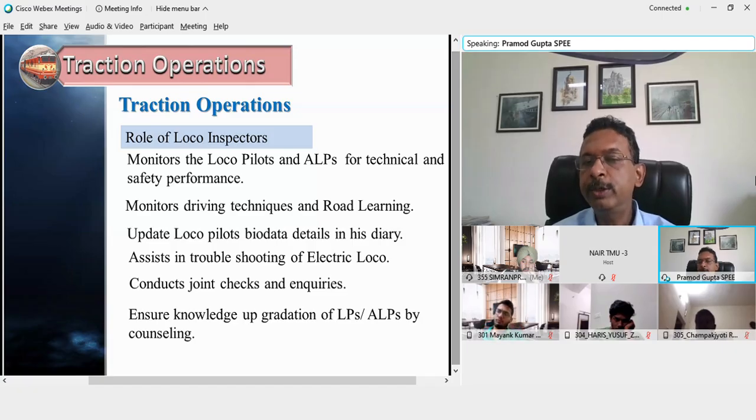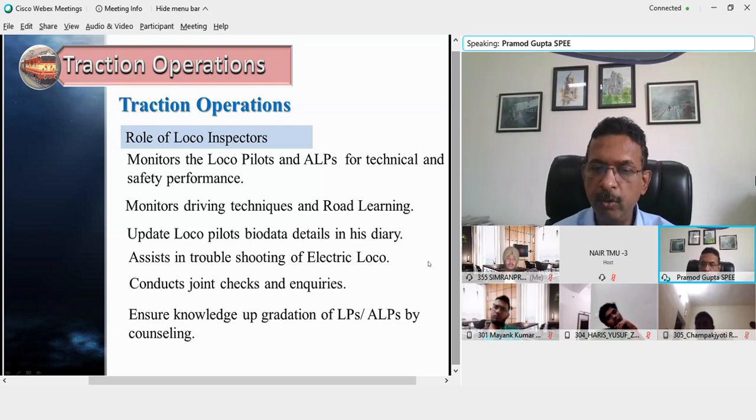So the loco inspector lot is one of the most respected lots that we have among the supervisors in different departments. They command a lot of respect, not only from the loco pilots and the assistant loco pilots, but they also command a lot of respect from their own colleagues in different departments.